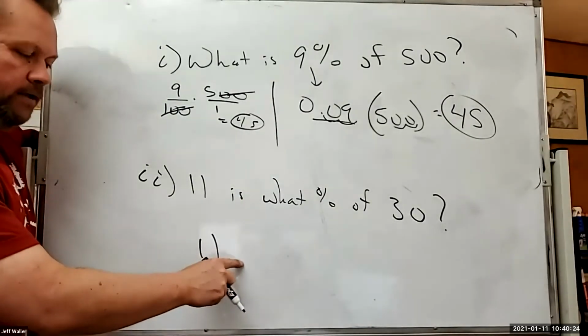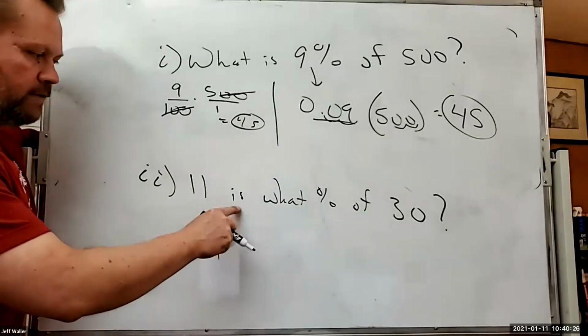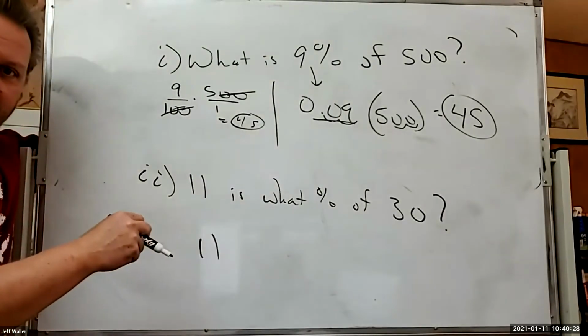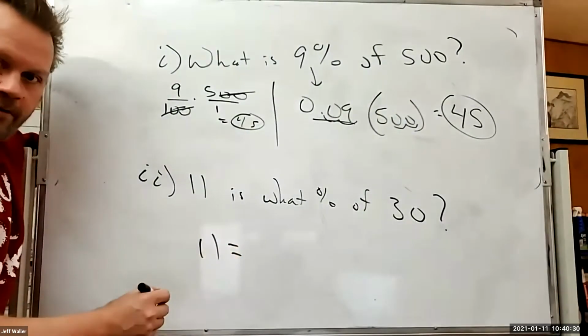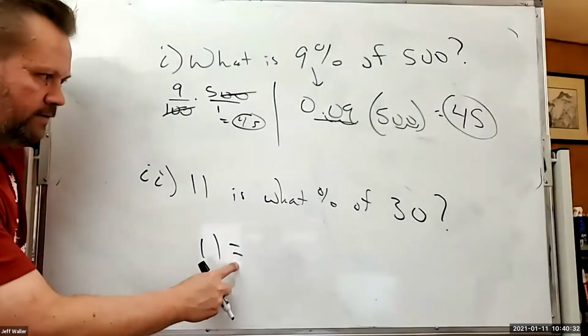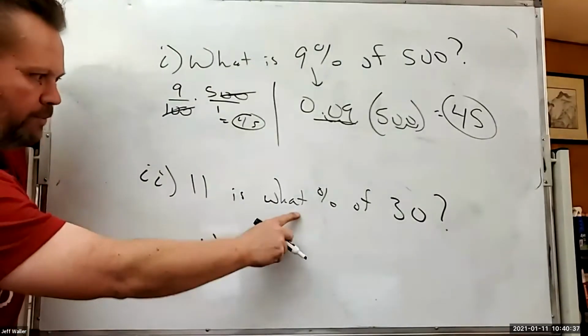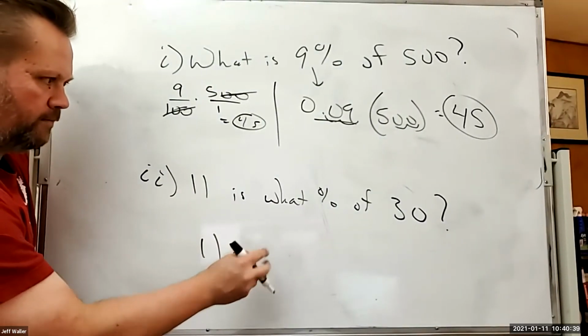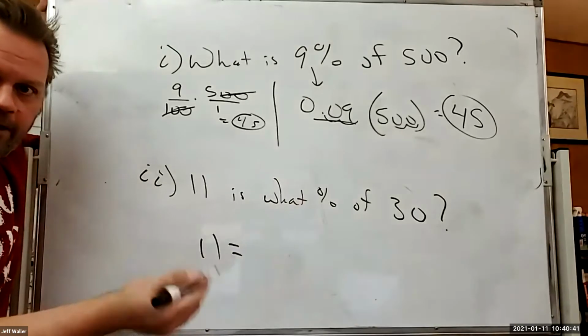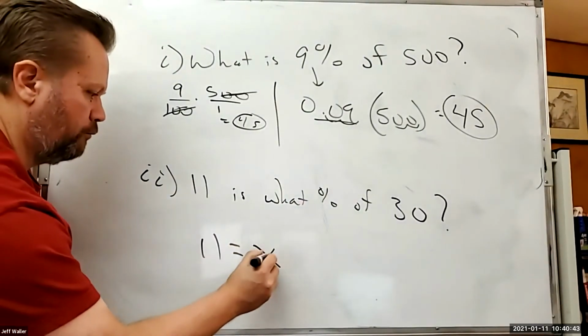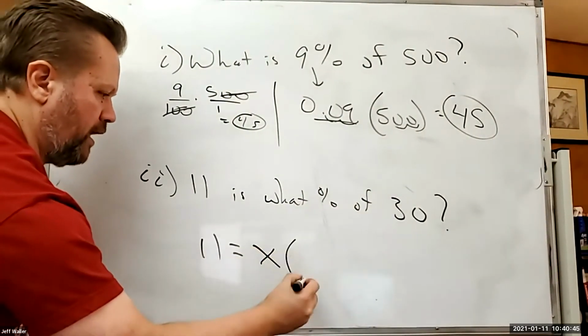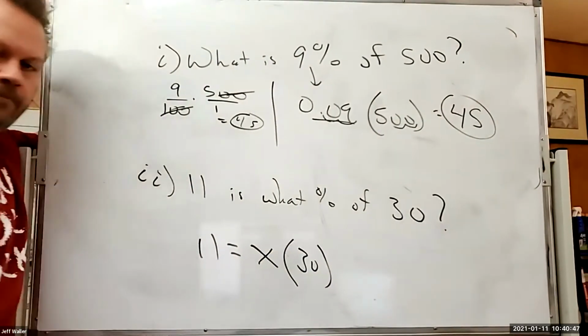What does is mean in math? Equals. 11 equals what percent? I don't know. So what would I put mathematically? X, or any letter. I don't know something, I love it. What percent of times 30?